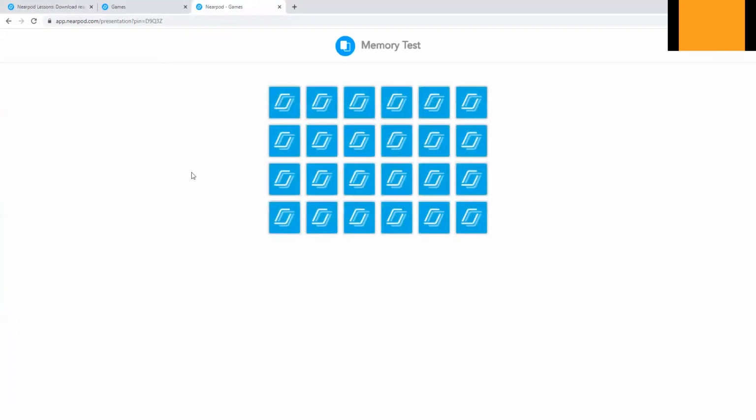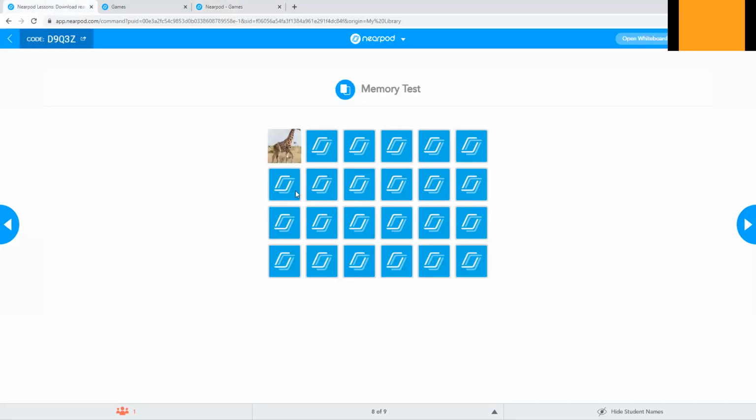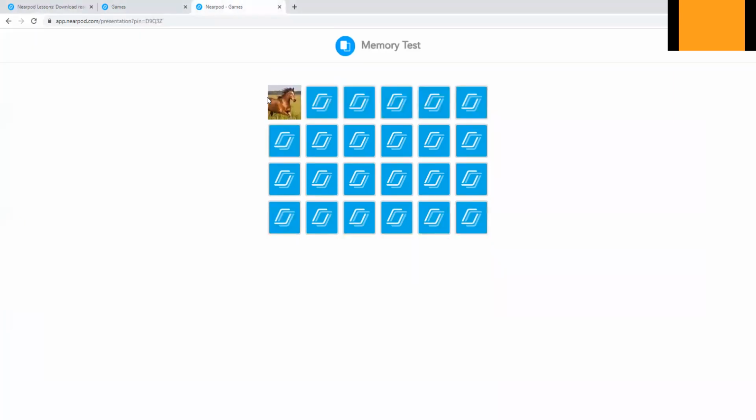Now, in this game, I created it. It's called Memory Test. In this game, we have to match two same pictures at the same time. So let's see. We have a horse in here, but we have a giraffe in this teacher screen, while in the study screen, we have a horse.